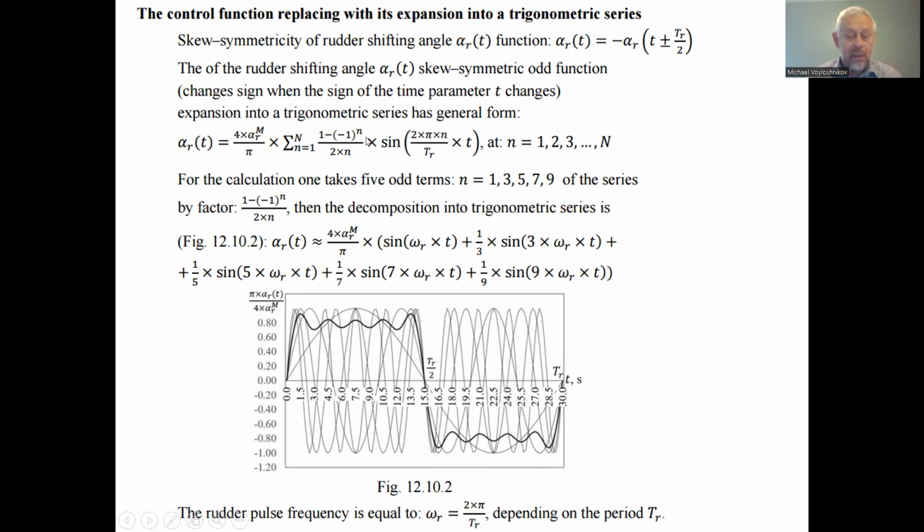The first factor under the sigma sign means that we consider only odd numbers, 1, 3, 5, 7, etc. of the trigonometric Fourier series expansion of the function, due to this function being odd. This is for odd functions.